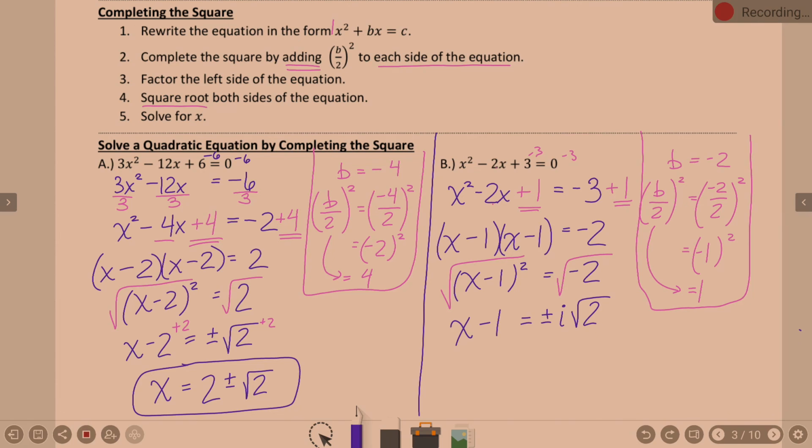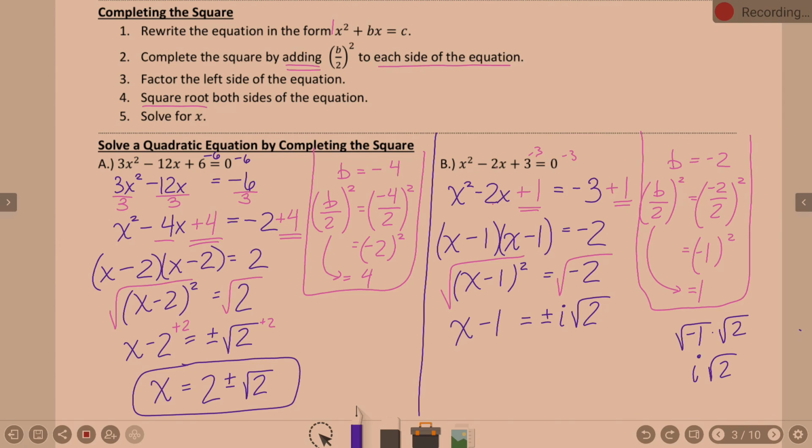When you guys were saying 2i, I was assuming you took the 2 out of the square root. But remember, this is square root of negative 1 times square root of 2. Yes, there's an i, but the square root of 2 we can't do, so we leave it under the radical, right? Okay. Officially, step 5 is solve.